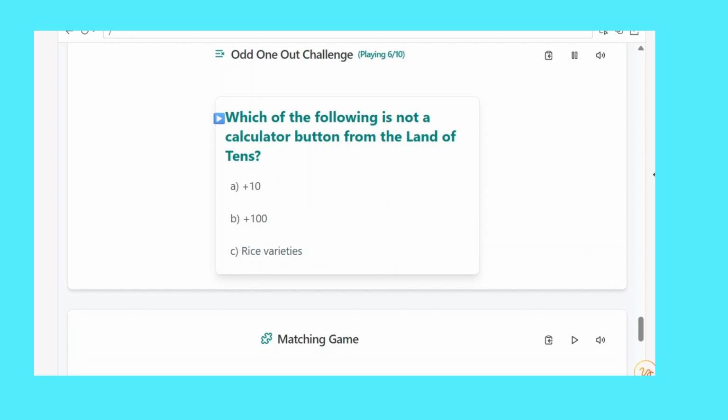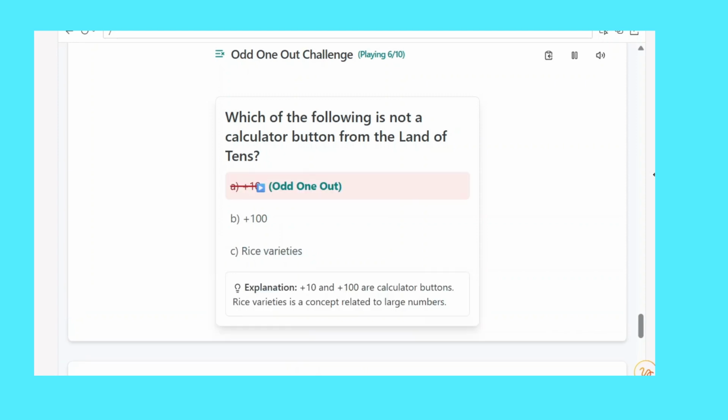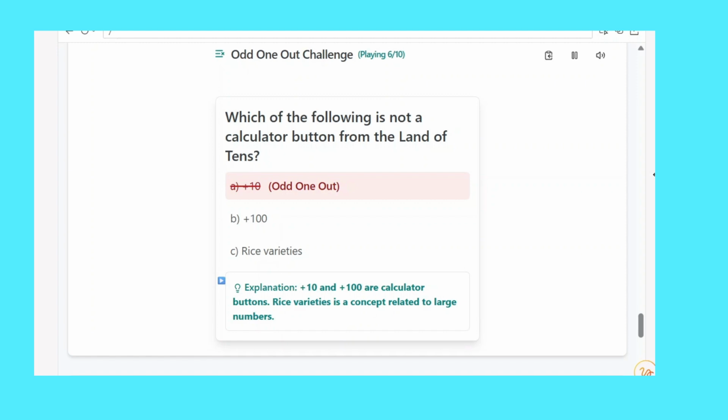Which of the following is not a calculator button from the land of tens? +10, +100, rice varieties. The odd one out is rice varieties, because +10 and +100 are calculator buttons. Rice varieties is a concept related to large numbers.